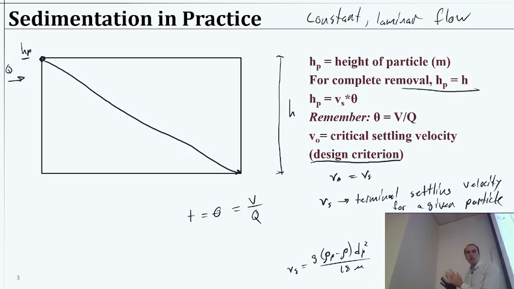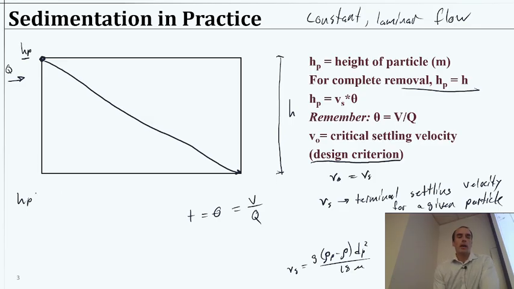Okay, so given that we have now this connection between a random particle that we challenge our treatment system with, and we're comparing that to what the treatment system can handle, I want to elaborate on what it can handle. So that's this V naught. And in order to get there, we can see that we have some height, hp, that the particle needs to travel given some time.